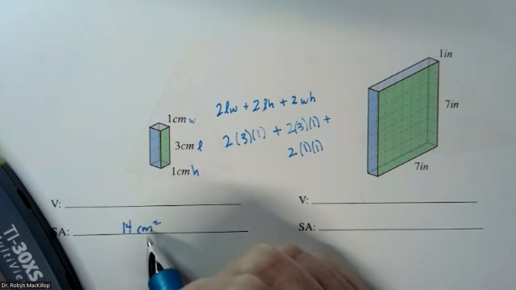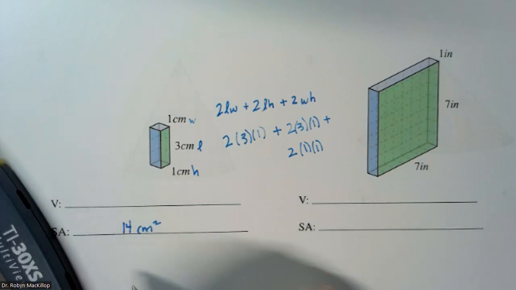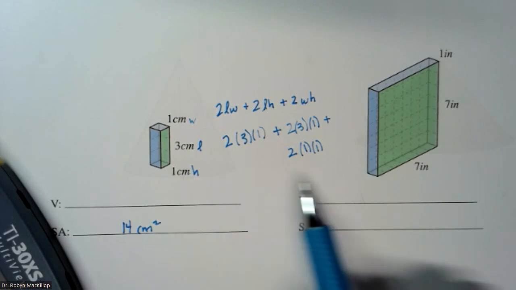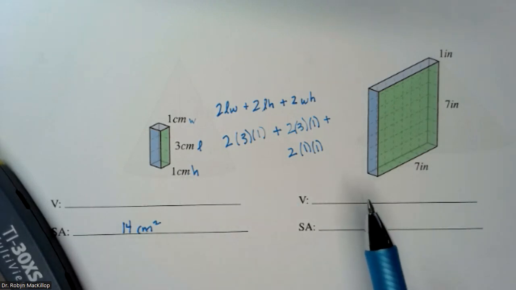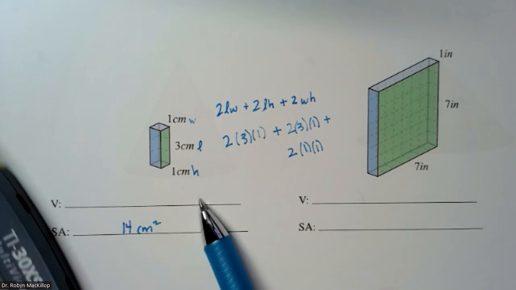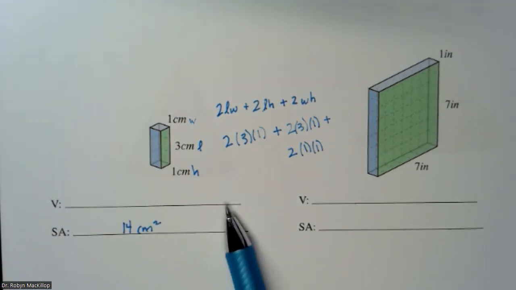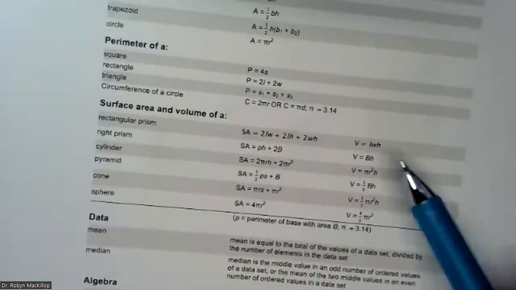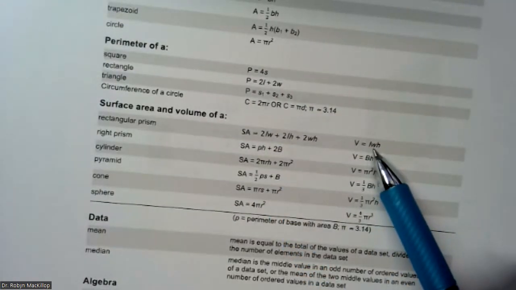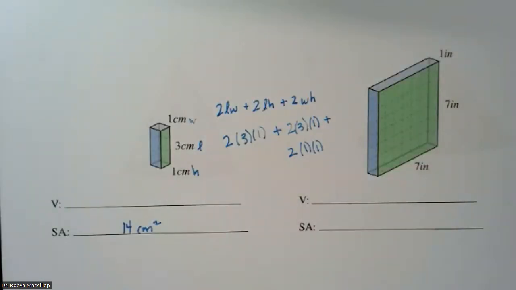Now, you are not going to have to worry about that on the test. This will be done for you. So don't worry about centimeters, inches, squared, whatever. Now let's do volume for a box. So going back to our formula sheet, volume is length times width times height.